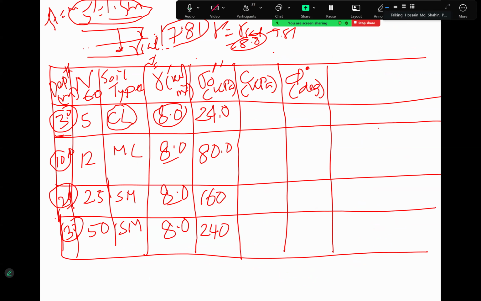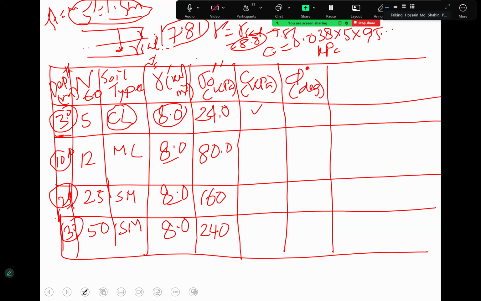So C will be 0.038 into N, here 5, into 95.76, I forgot. So these are the values in kPa. Okay, put it here. Understood?